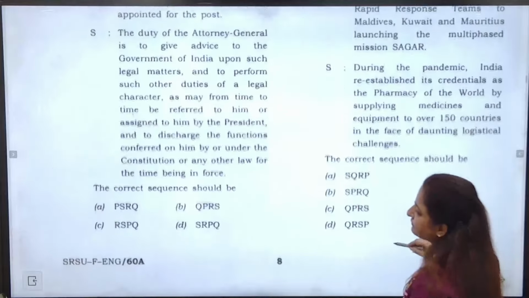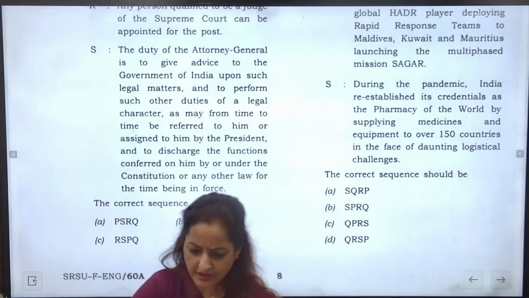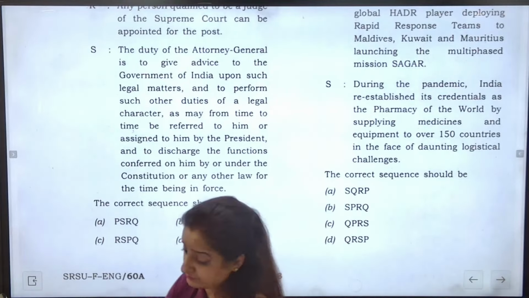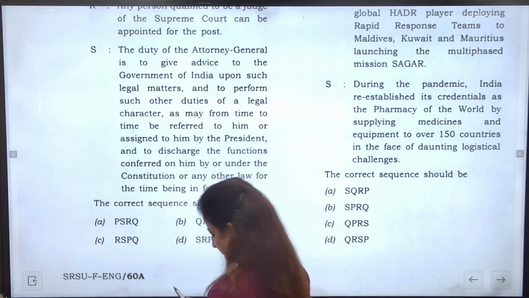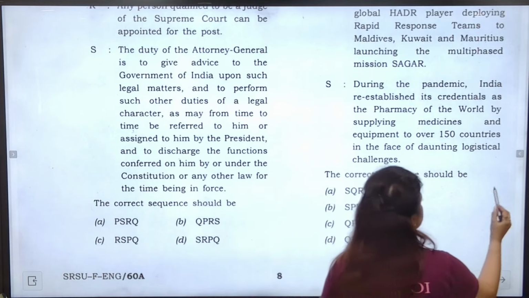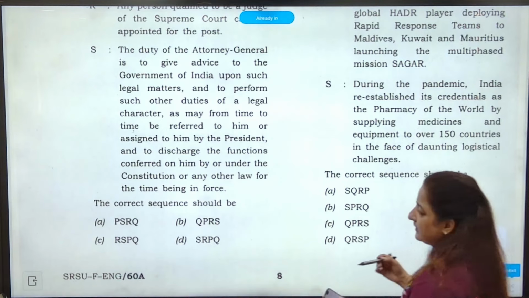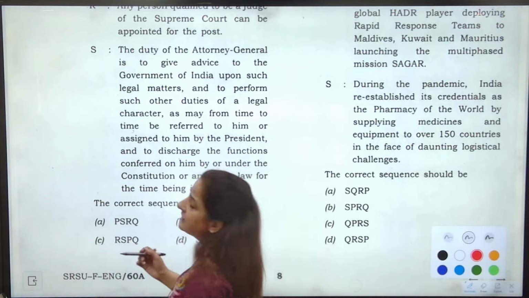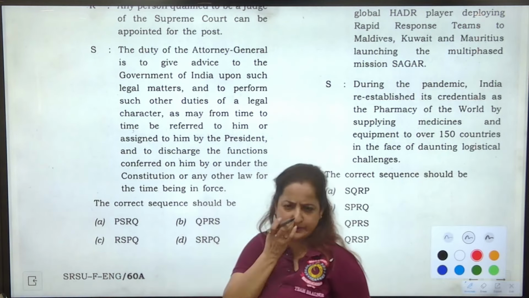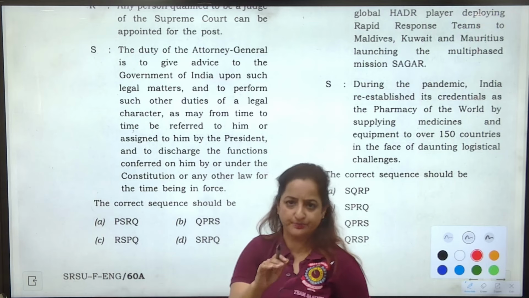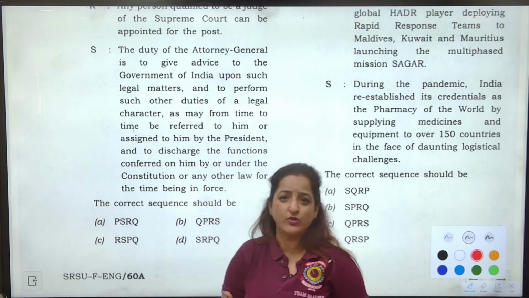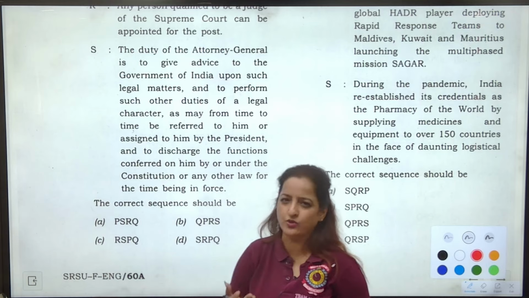Questions 31 onward, I'll give you the answers. Once I mark all the answers, we can take any one question and I can explain that one question in detail, so you get an idea how to do it.